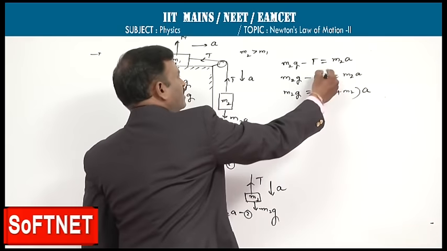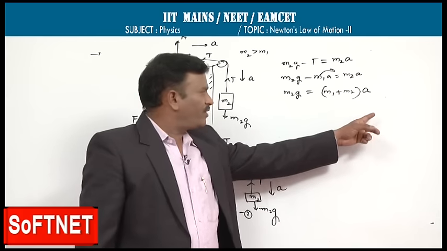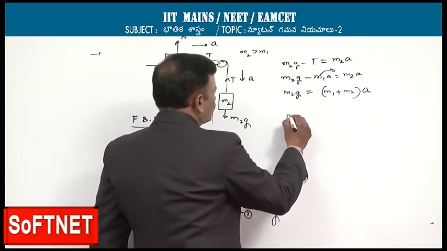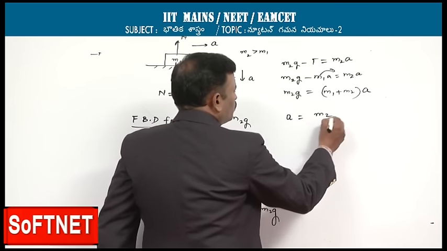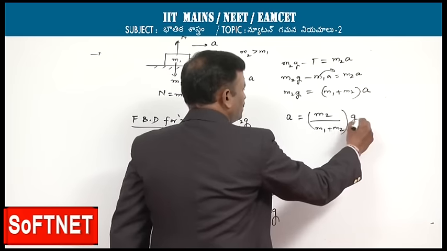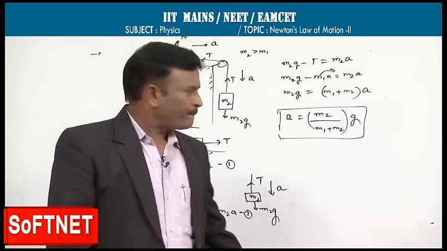Taking the acceleration common, a is equal to m2 by m1 plus m2 into g. It is the acceleration of the system.